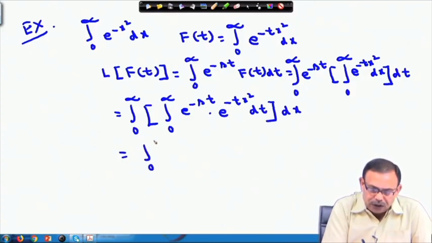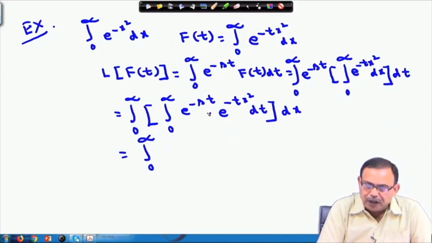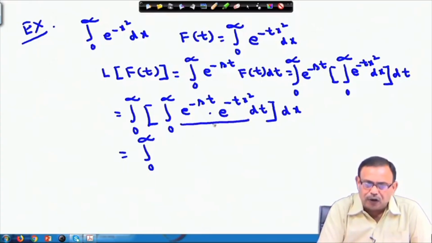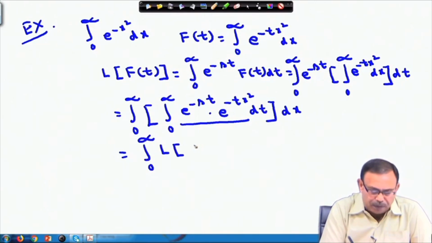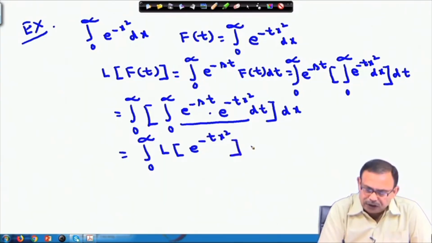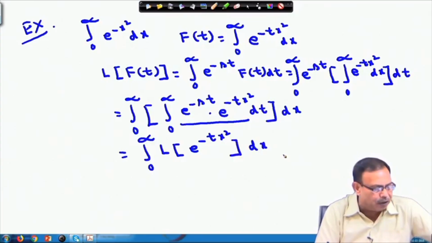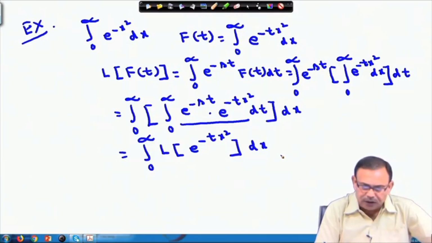The inner integral is in the form of the integral from 0 to infinity of e to the power minus s t into f(t) dt, where f(t) is e to the power minus t x square, which is the definition of the Laplace transform. So I can write the Laplace transform of e to the power minus t x square, into dx.